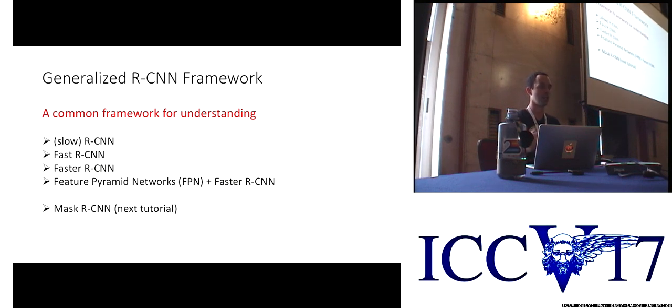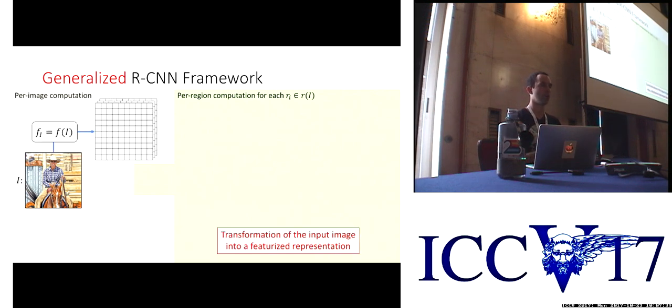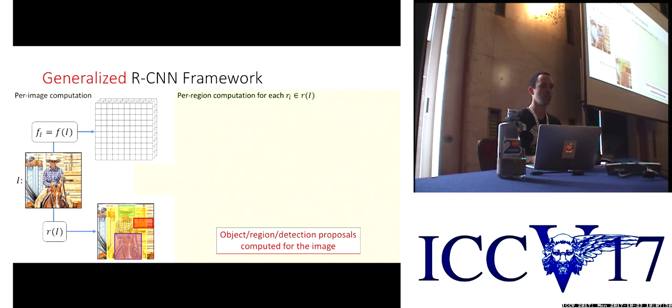uses a feature pyramid network versions of RCNN, but I want to do it within a common unified framework that will hopefully make it easier to understand how all these methods relate to each other. So what does this generalized framework look like? It has the same division of a per image computation and a per region computation. The first part of it is this abstracted box which has some function f, which is going to convert the image into a featurized representation of that image.